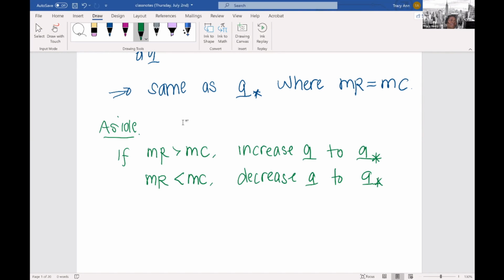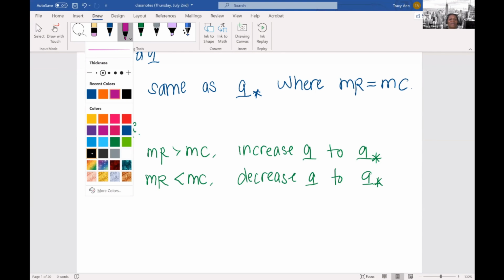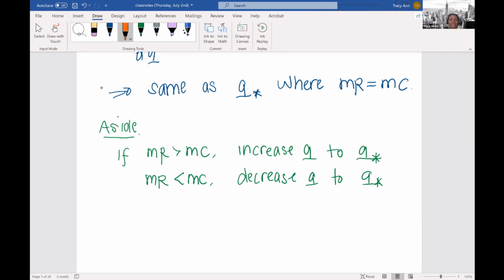Here is another aside that you probably remember from your microeconomics class: you also want to produce Q star if the price is greater than or equal to average variable cost. Where are we getting this from? Recall that profit is equal to total revenue minus total cost.